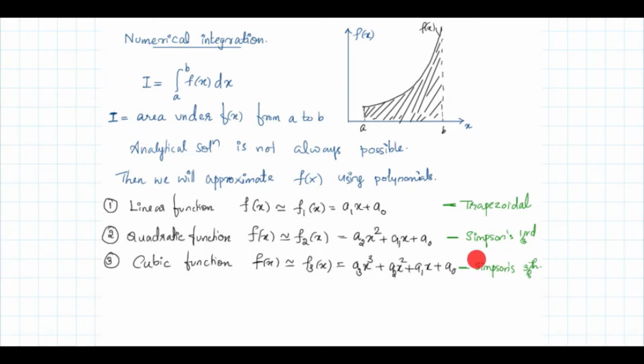So in all these methods, we replace the original function f of x with simpler functions like a first degree, second degree, third degree polynomial, and so on. This is the idea. Now I will explain one by one.